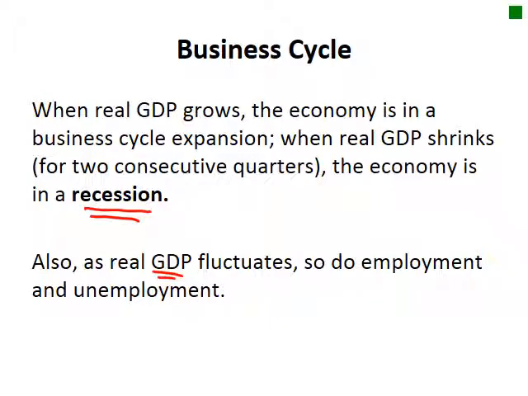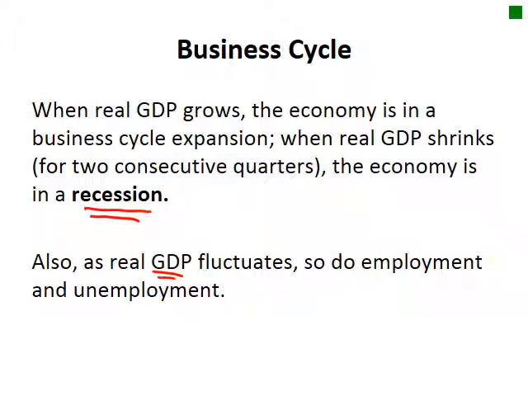The business cycle. When real GDP grows, and we've looked at this a few classes ago, the economy is in a business cycle expansion. When real GDP shrinks, and it has to be for 2 consecutive quarters, we could say that the economy is in a recession. So technically, if you're going to define a recession, you have to say when real GDP declines for 2 consecutive quarters.